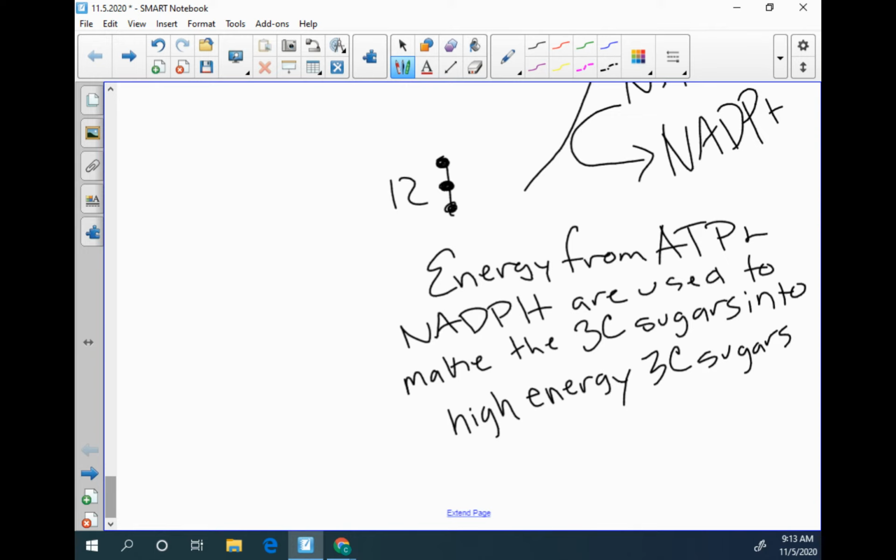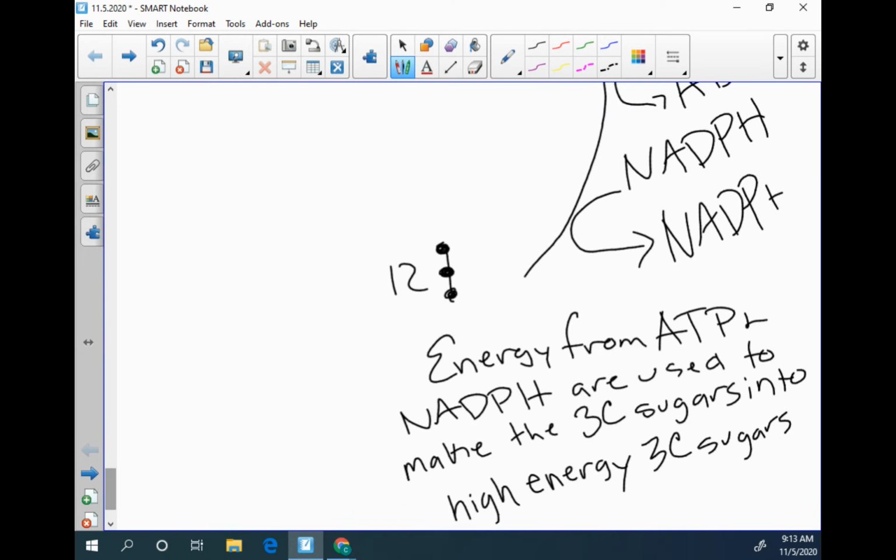So it's a cycle, right? What's going to happen is 2 of those are going to break off. And the rest are going to go back into the cycle.